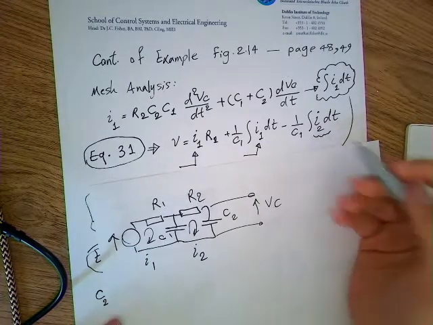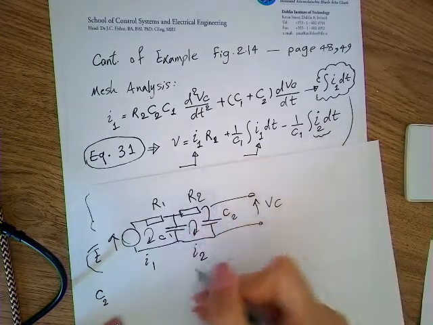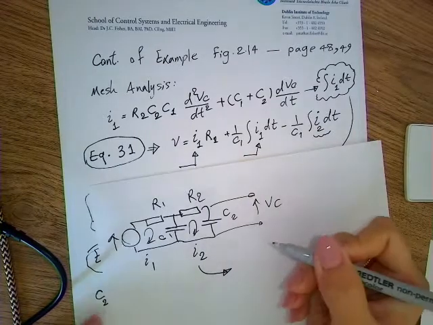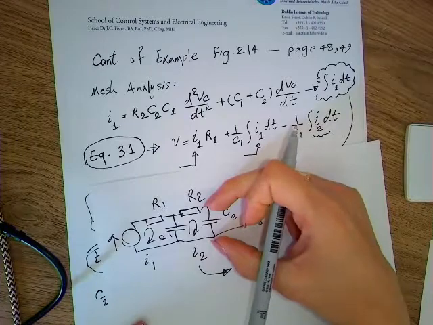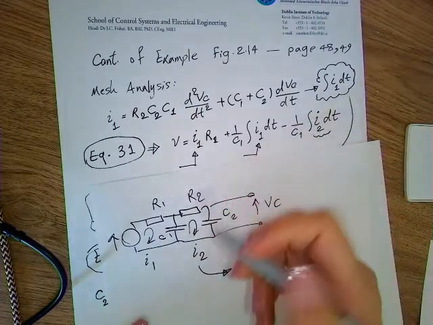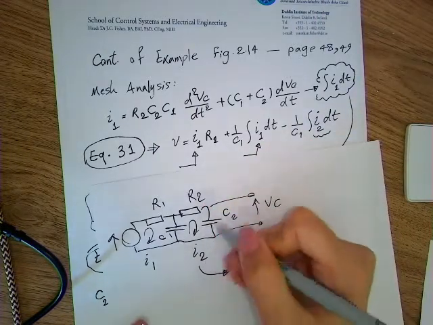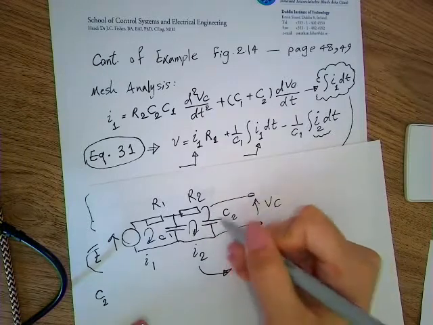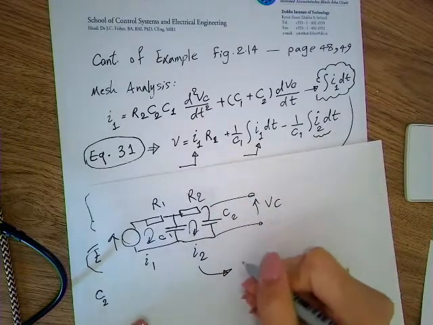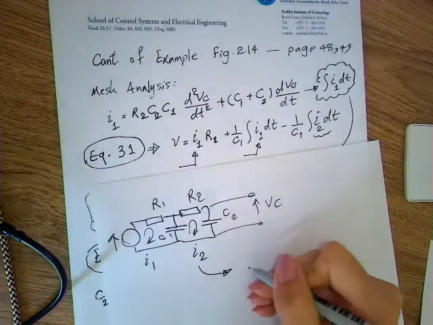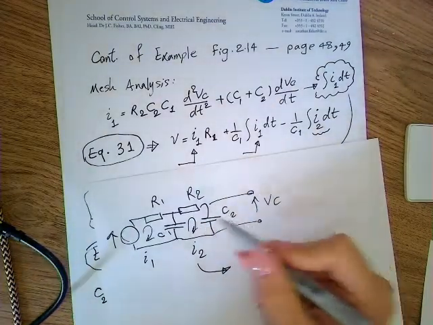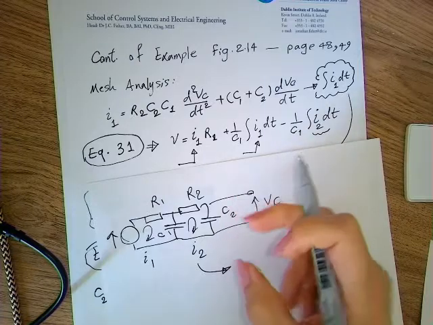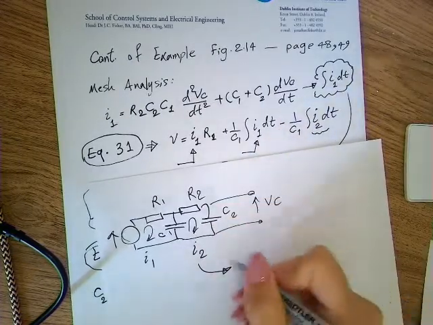So for I2, I'm looking at my second loop here. Now I have the voltage across this point right now. I know that my I2 is flowing through my C2. So I can write the relationship between the current flowing through this capacitor and the voltage across this capacitor.